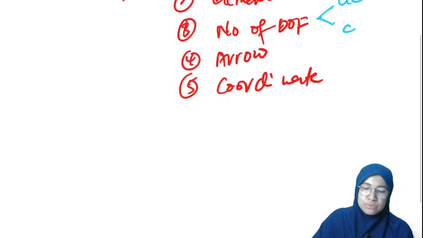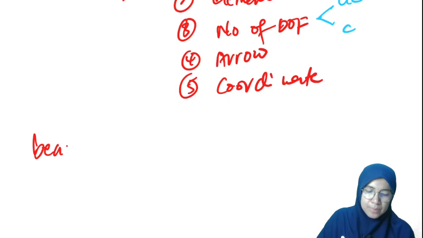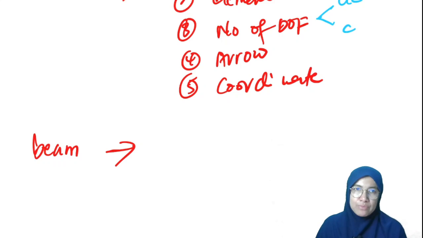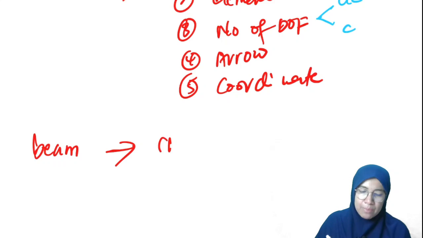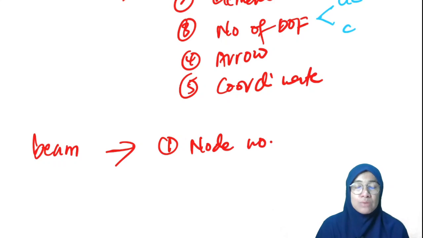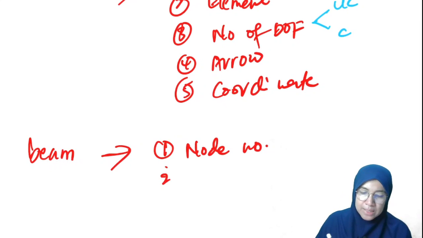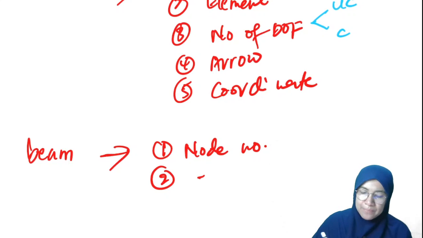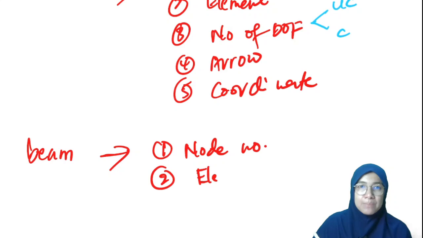Then we move to beam. For beam we have to make sure that we have number one, node number. Doesn't matter if we still want to label in terms of ABC, as long as it has the label. Number two, we have to have element number.